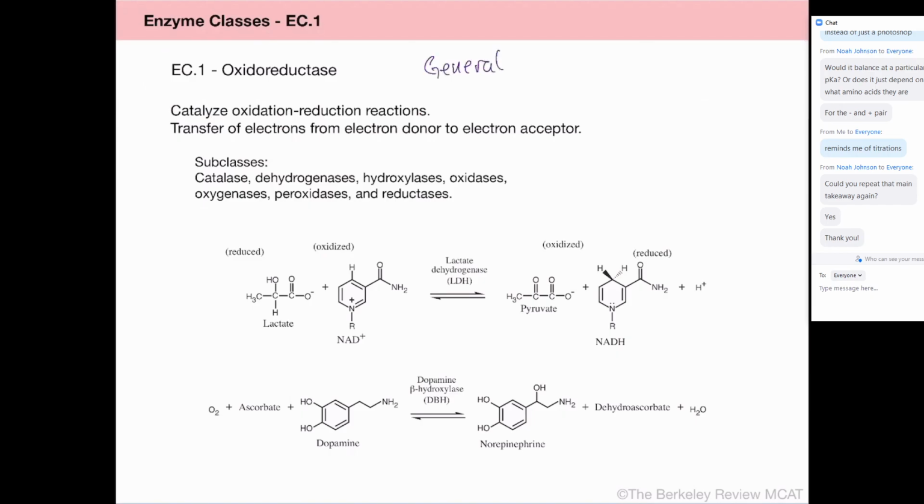There's a couple examples below, right? A plus B goes to A plus B. However, one is reduced, one is oxidized, one is oxidized, one is reduced. Okay.